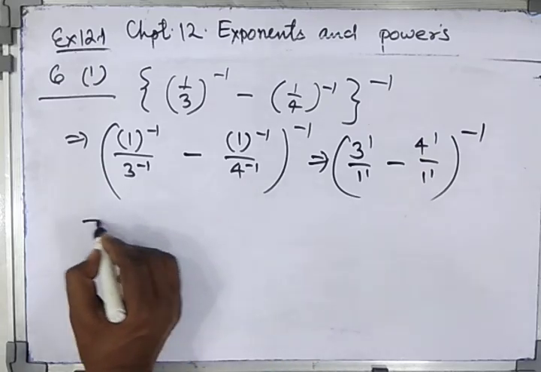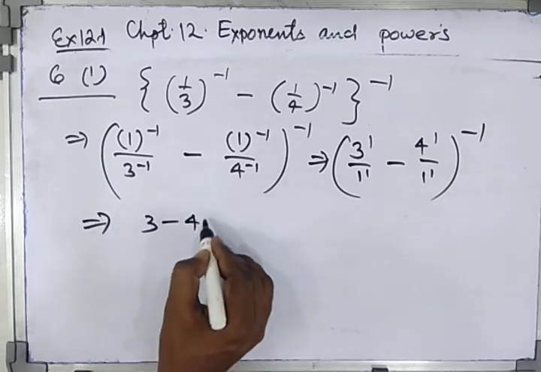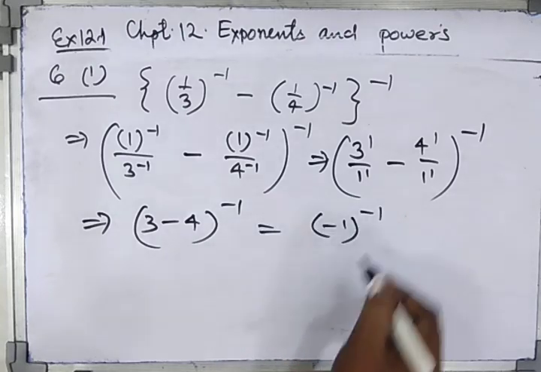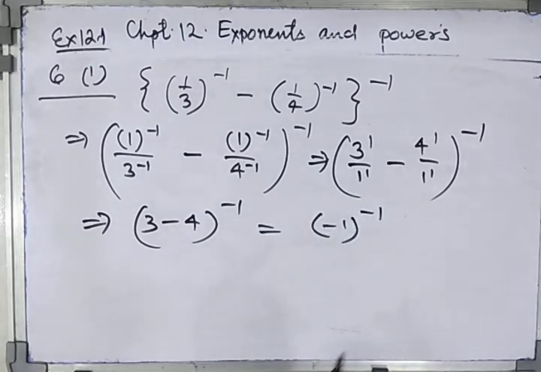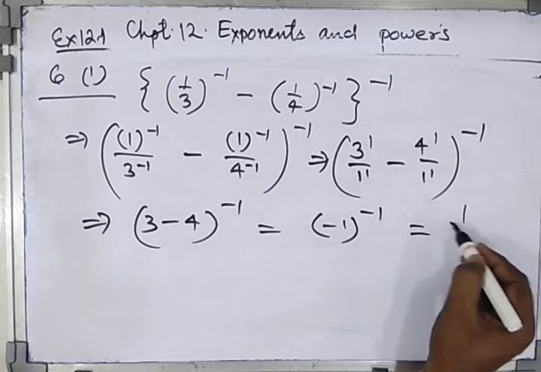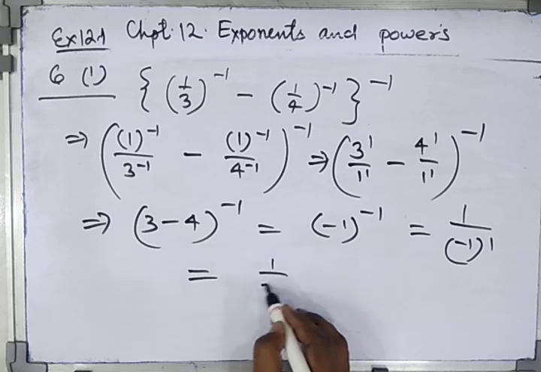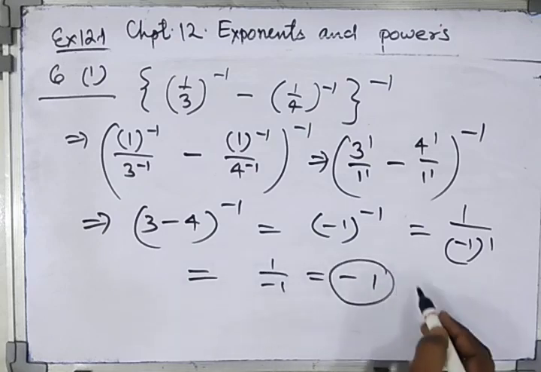So this will be equal to (3 minus 4) raised to minus 1. This will be equal to 1 by minus 1 raised to 1. So this will be equal to 1 by minus 1, equal to minus 1.